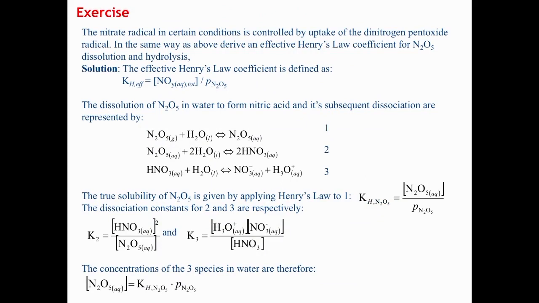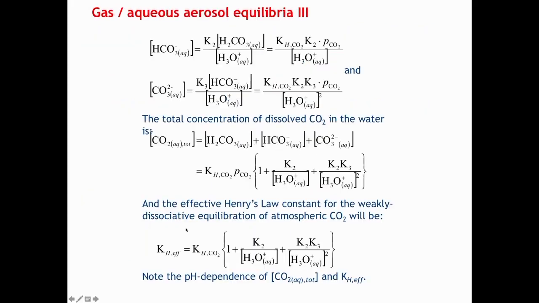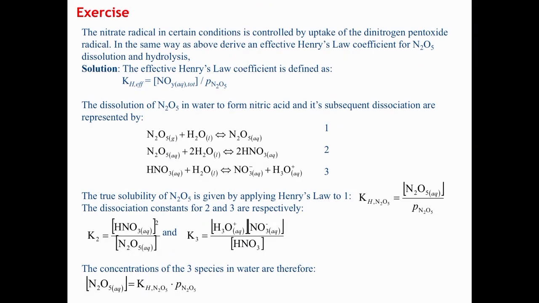So again, here's another exercise, because carbon dioxide is probably not as important in the atmosphere as it is to something like oceans. But N2O5 is important in the atmosphere because it's formed from NOx.